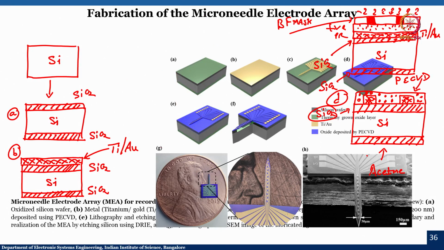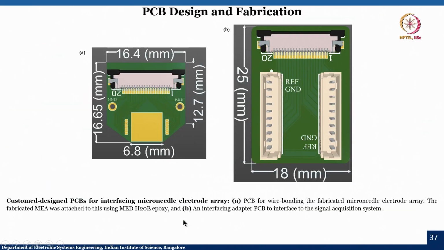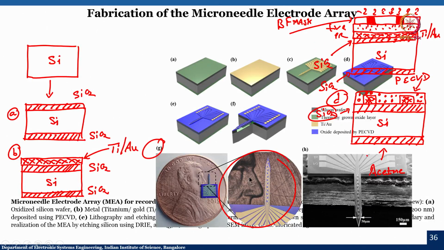The G shows the actual microelectrode arrays on a microneedle, and this is the zoomed in version of the same, where we can see the very clear titanium gold patterns. Everything is covered by an oxide except the recording electrodes. Now you will say that I cannot see the oxide.